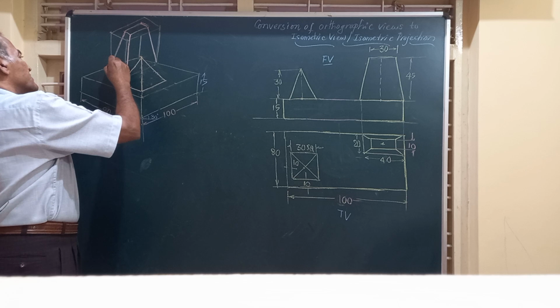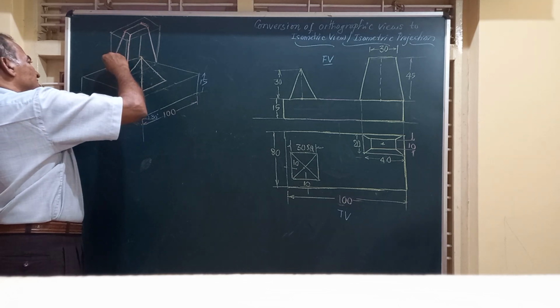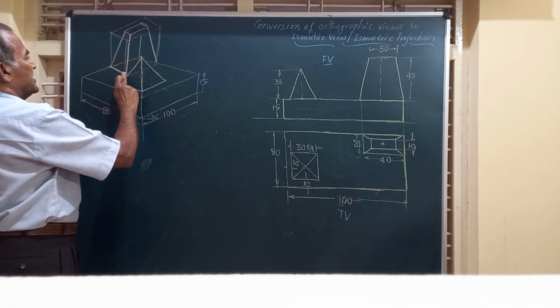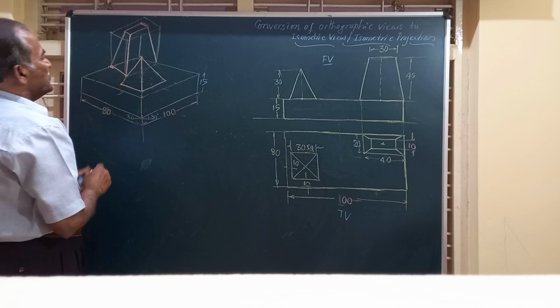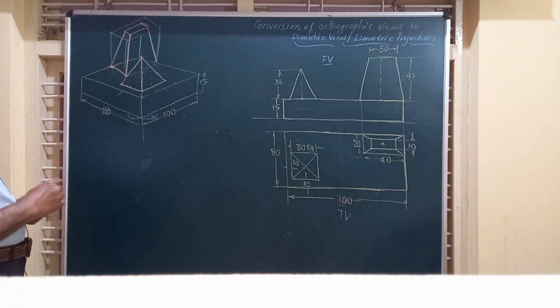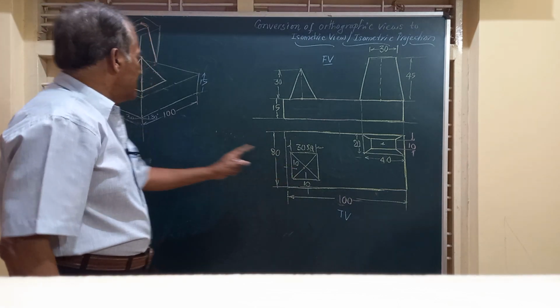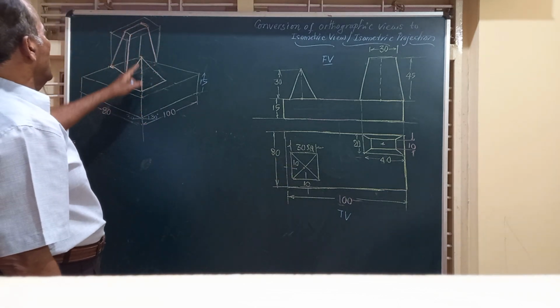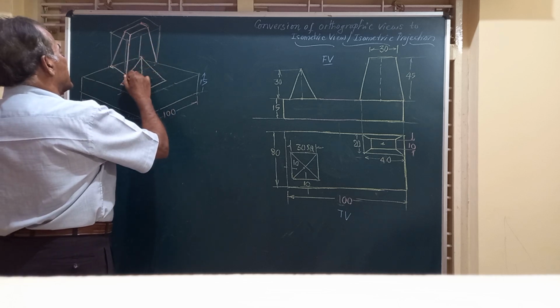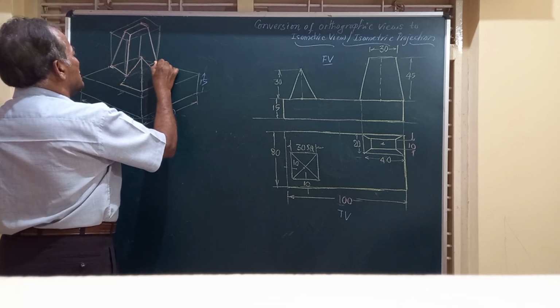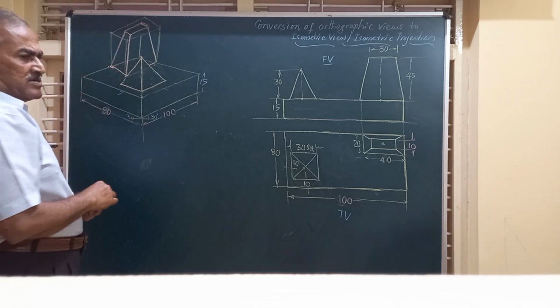Friends, let me join the other line parallel to the base like this. So friends, now we have got this square pyramid in this corner and a rectangular pyramid on the other end.